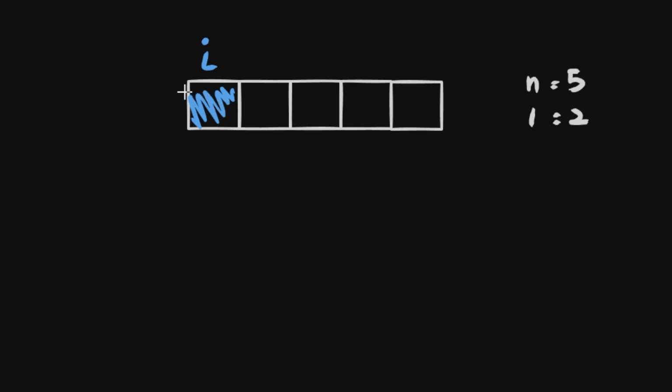Now we know that after giving 1 candy to the first child, we have 4 available candies. And here we will only focus on the second child. And specifically, we will focus on 2 things. How many candies can we give to the second child at least? And how many candies can we give to the second child at most? Let's first focus on at least.